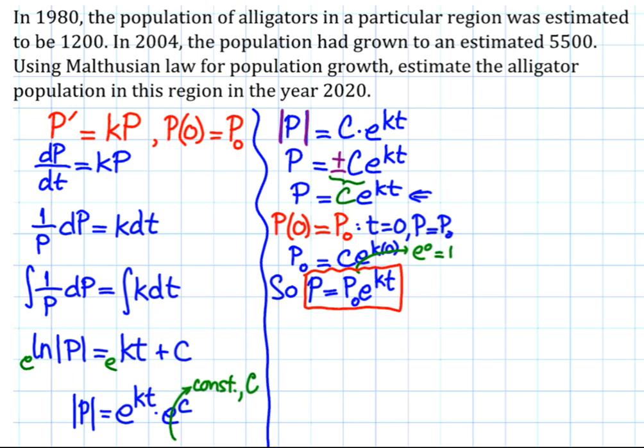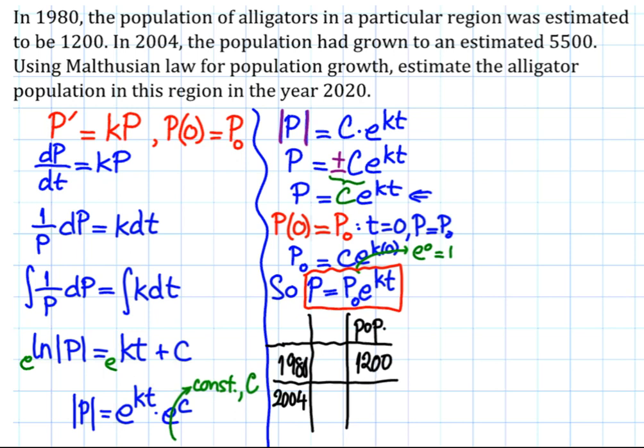Let's summarize what we have here. So that is just the derivation of the formula. Now we summarize our situation. In the year 1980, the population is equal to 1,200. In 2004, the population is 5,500.